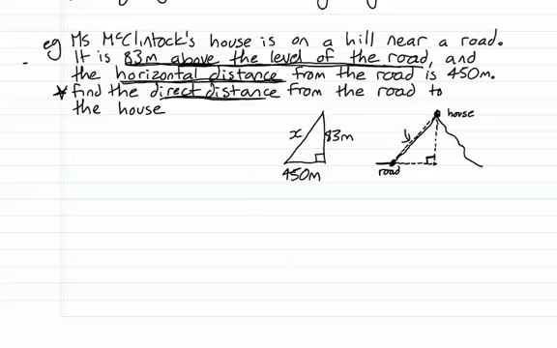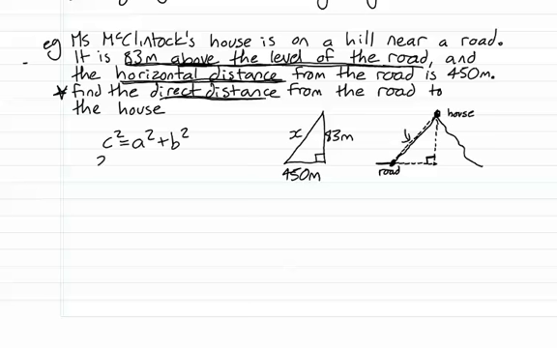Once we've got a triangle, it's not too difficult. We discover that we want to find the longer side. That's c squared equals a squared plus b squared. We substitute in our values.